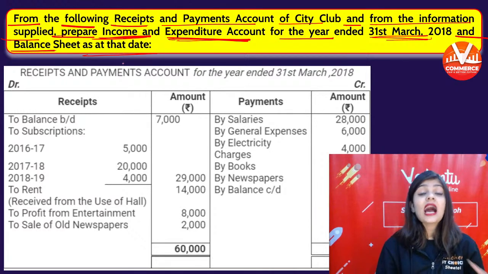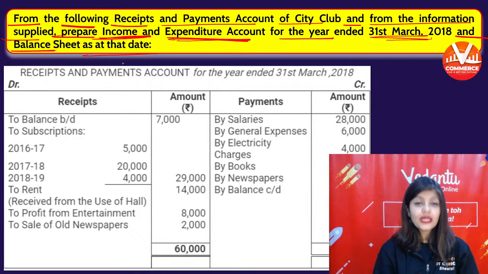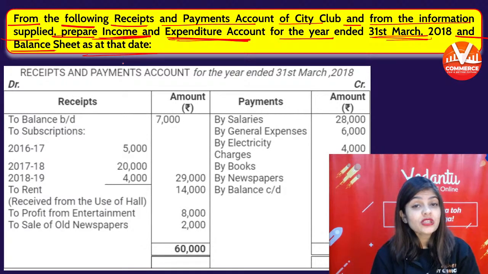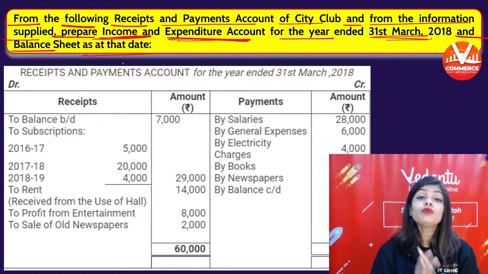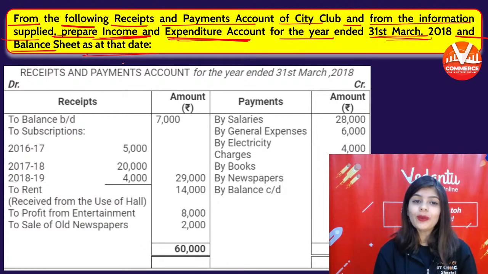Now this is a comprehensive question in which we are required to prepare both the balance sheet and the income and expenditure account. Here we have to make both, and these types of questions will definitely come in the exam.